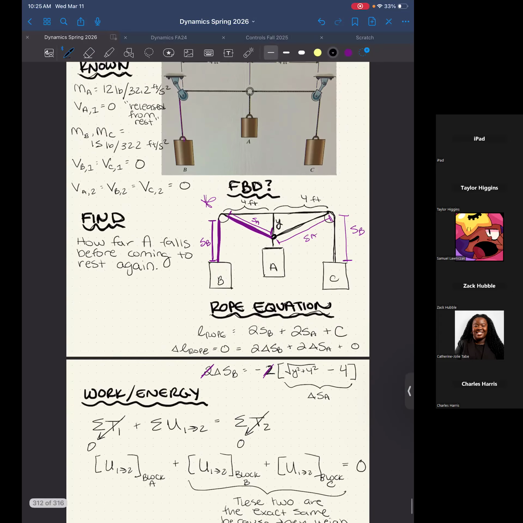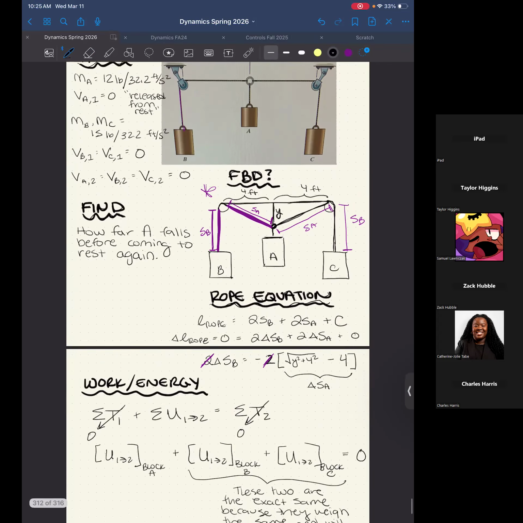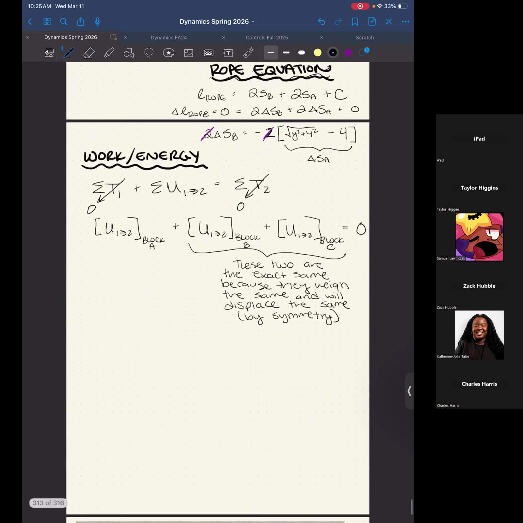Very good. So we have mg, which is really just 12 pounds, times y. That's block A. And it's positive because gravity points down and it's asking us about this thing dropping. So the movement is in the same direction as the force, so we get a positive work.